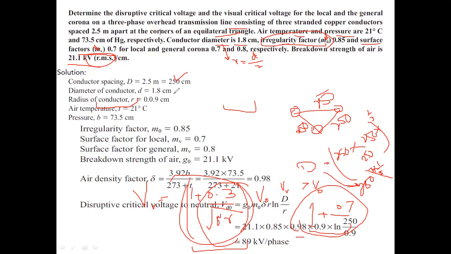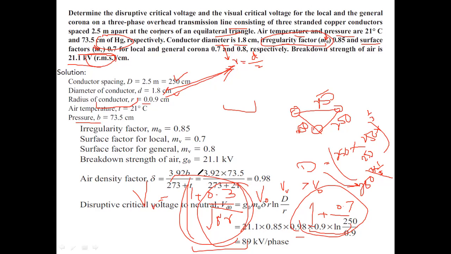The diameter of the conductor is 1.8, so by this formula R will be this. Temperature is 21, and pressure, P, is 73.5 cmHg.